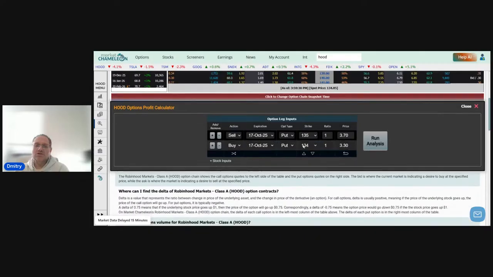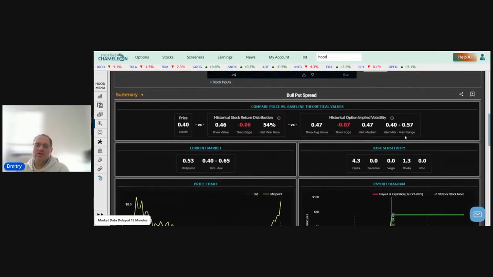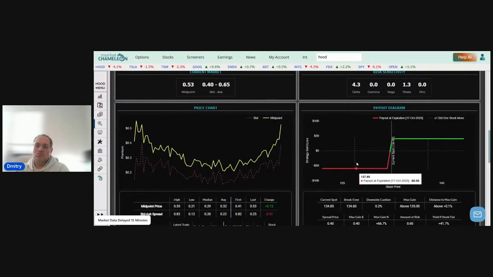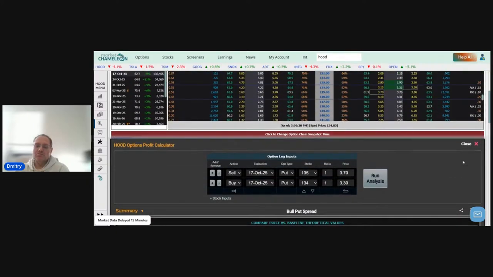So that's the other leg, right? That's the spread. Selling the October 17th 135 put, buying the October 17th 134 put, right? That's the credit spread. And if you bring it up, run the analysis, there's your credit spread.